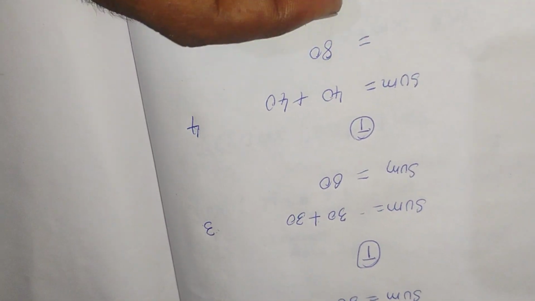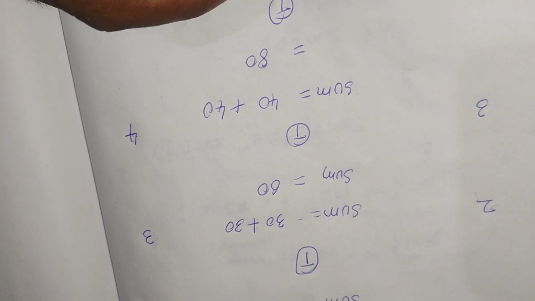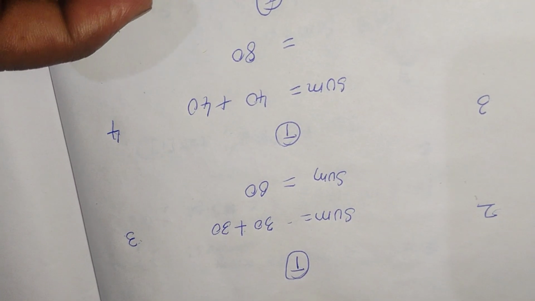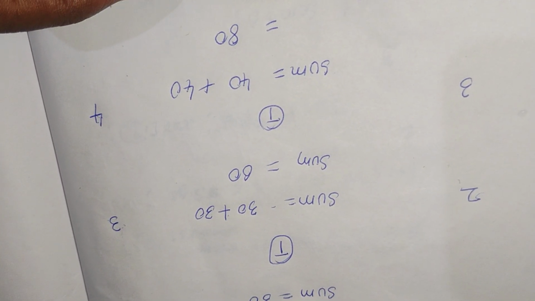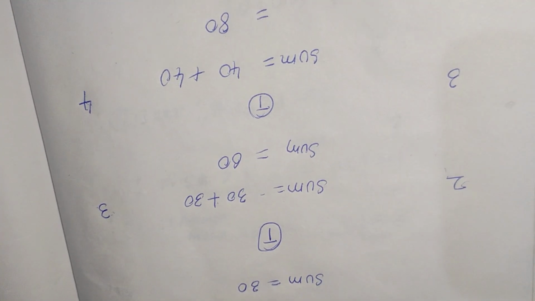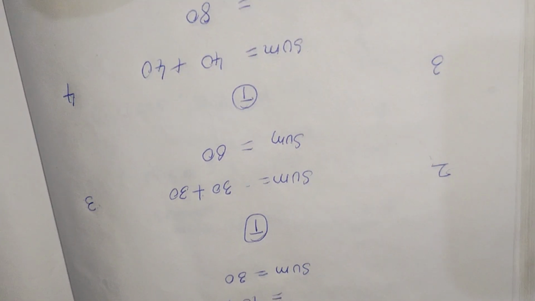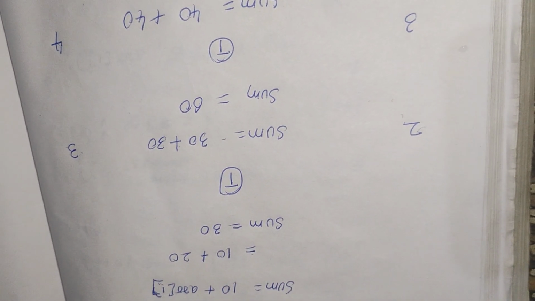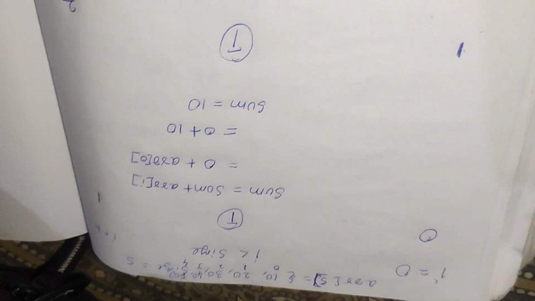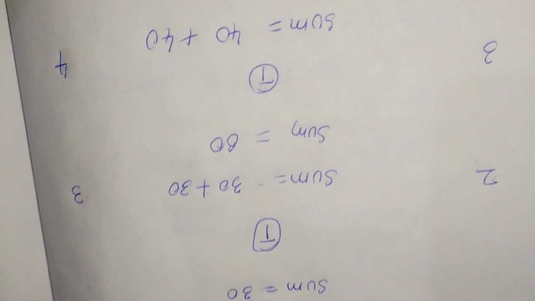So sum is equal to the updated value 80 plus, this is the last value, index 4. What is the value at index 4? 50. If we add this value, 130. So now i is incremented to 5. 5 is less than 5? The condition will become false. The loop will end here.